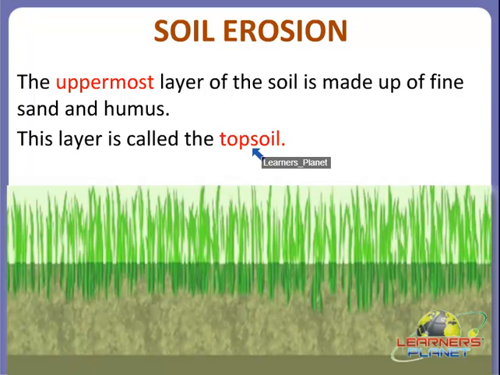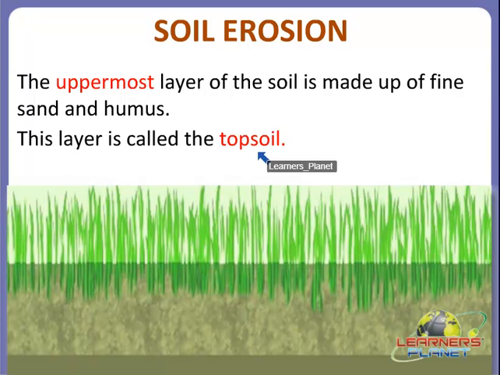So what is topsoil? Children, see in the picture. The uppermost layer of the soil is made up of fine sand and humus. So this fine sand and humus layer is called the topsoil.